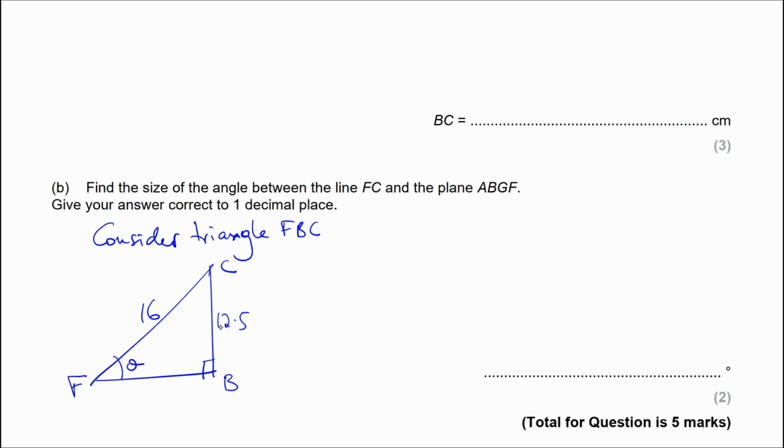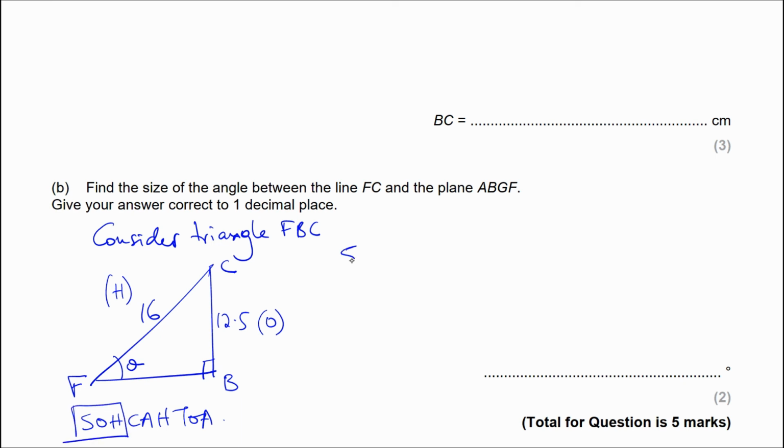So if we just apply SOHCAHTOA, this is the opposite, and that's the hypotenuse. So we apply sine.